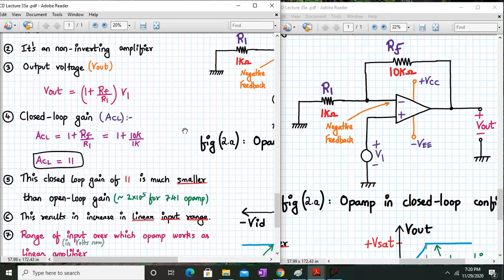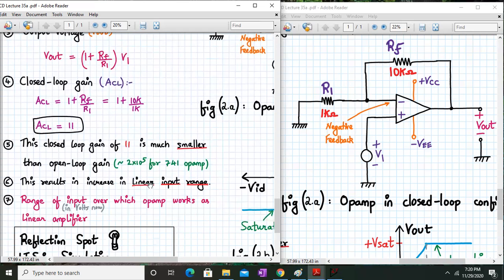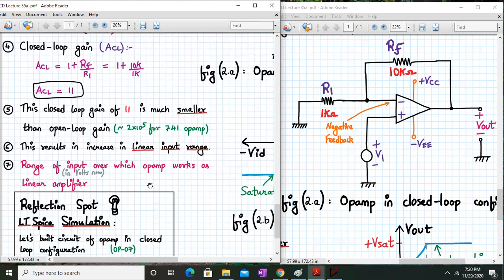So ACL will be 1 plus RF upon R1, that is 1 plus 10K upon 1K, that will be 11. This closed loop gain of 11 is much smaller compared to the open loop gain, that is 2 into 10 to the power 5. So definitely it will result in a linear input range increase.